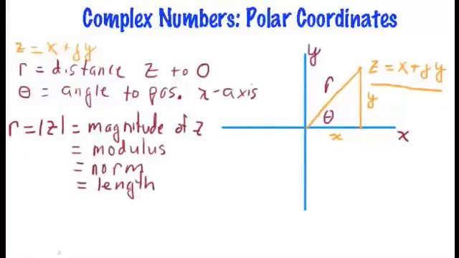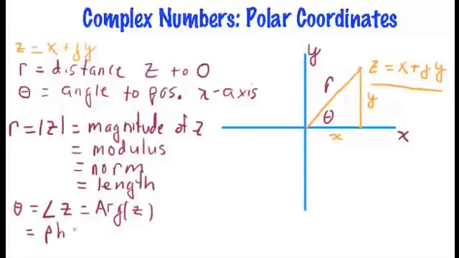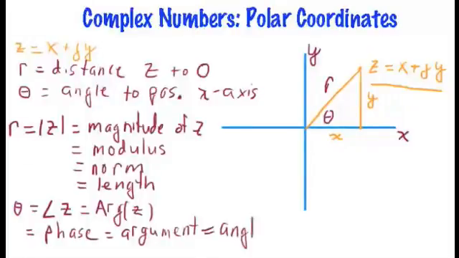Mostly we'll call it the magnitude here, but it's often called any of these other terms. Then there's theta. Theta is denoted as angle z. It's also denoted as arg of z. And this is read as the phase of z, or the argument of z, or simply the angle of z.